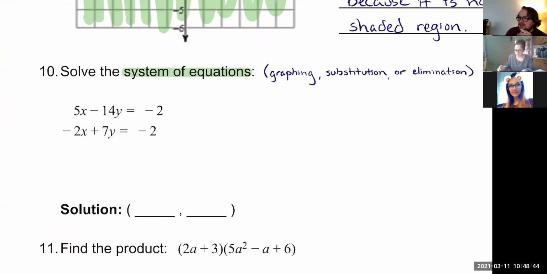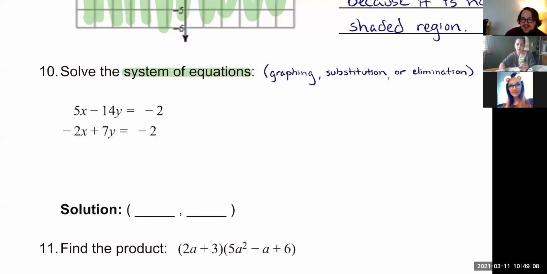Now, I say theoretically because graphing gets a bit tricky. They don't always cross at nice, pretty points that are easy to read. Sometimes they cross way off any size graph that we could possibly have in our possession. So theoretically, yes, graphing would work, but it's not the most practical. We typically rely more heavily on substitution or elimination.